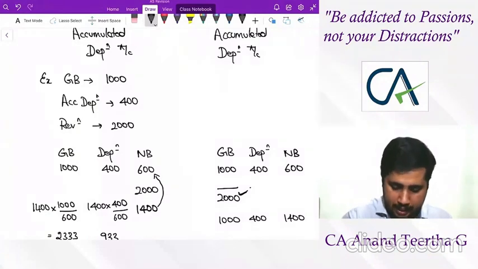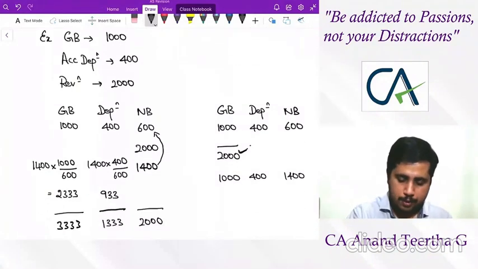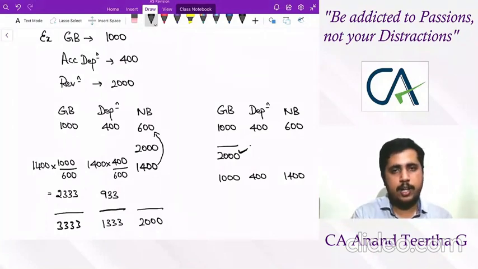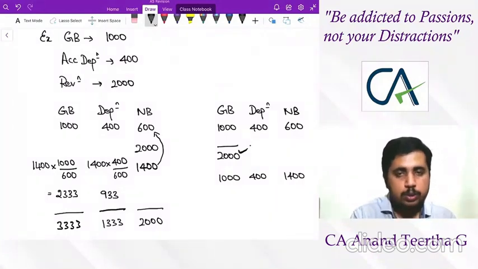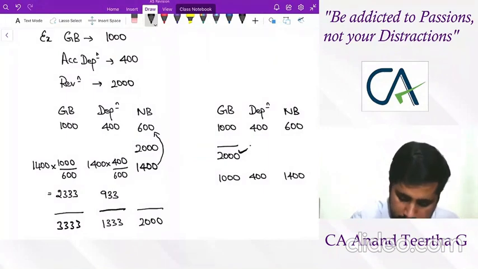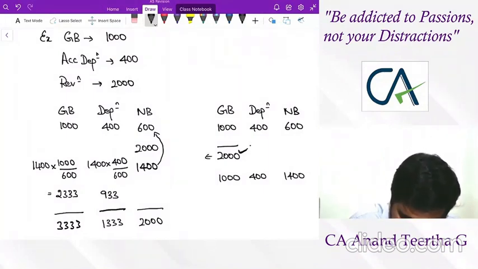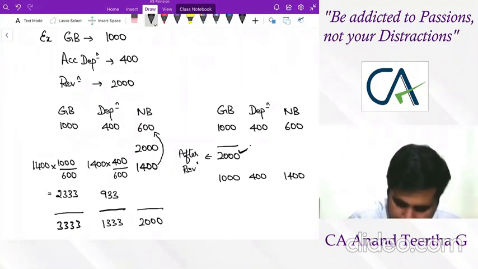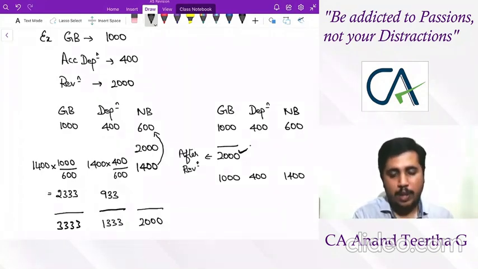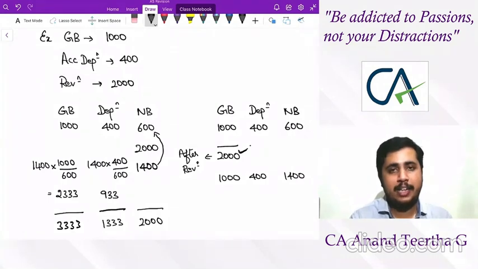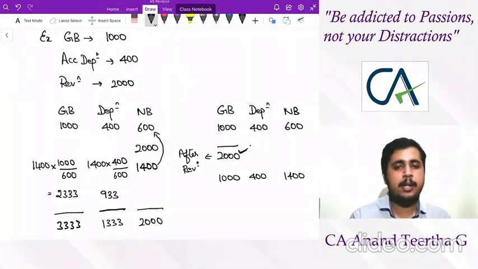I will repeat it again, I think you might have got confused. See, 1000, 400 and 600. 2000 is the revised figure. What I directly write is this itself, after revaluation, because the 1000 gross block is now turning into 2000. Now why am I saying it? Because we are not ready to maintain the accumulated depreciation account.